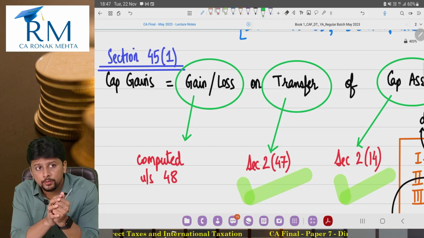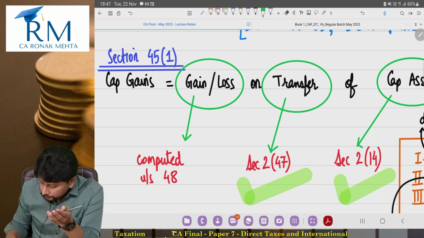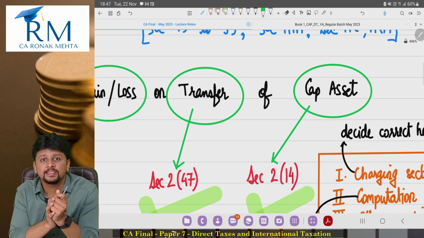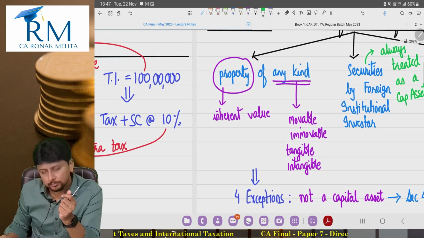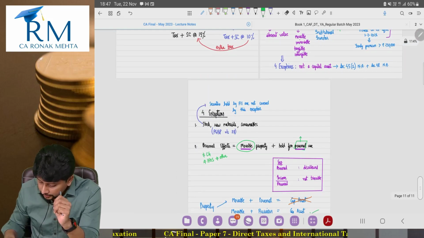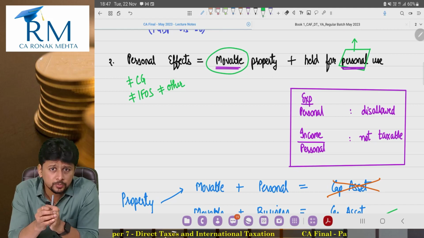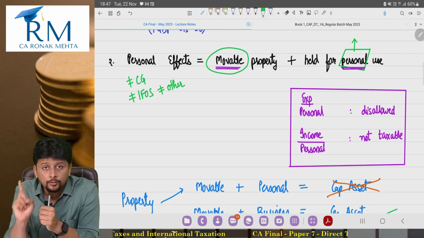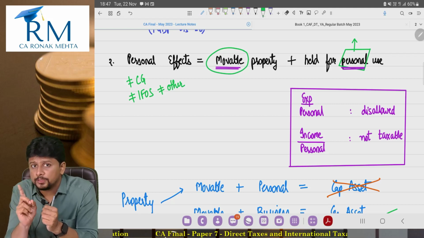Because what you did was sale, which is a type of transfer, and block of asset is a capital asset. Block of asset, property of any kind? Yes, block of asset is property of any kind having inherent value. Movable? Yes, furniture, machinery is movable, but held for business use, not held for personal use.